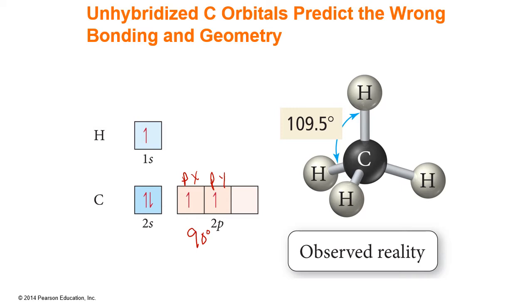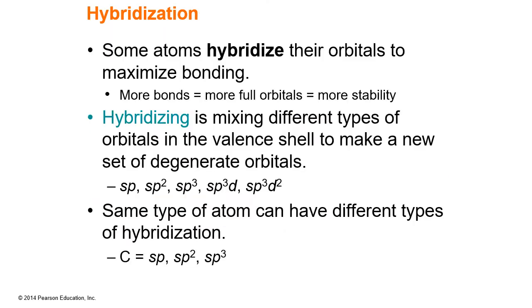The reason for this is that when we take the atoms and put them into molecules, our orbitals do something called hybridization, or they hybridize. So when our molecules are formed, the orbitals hybridize to maximize their bonding.